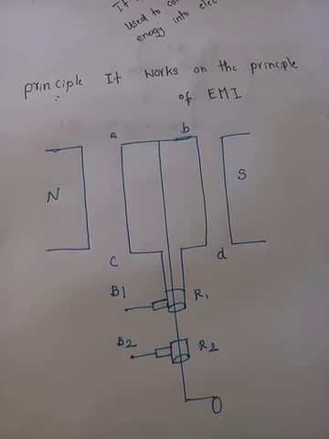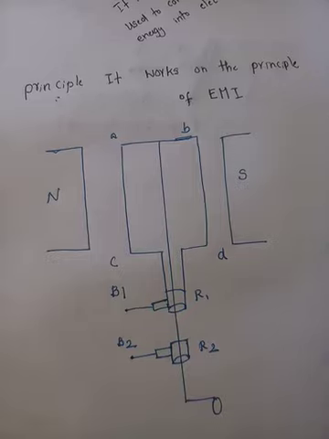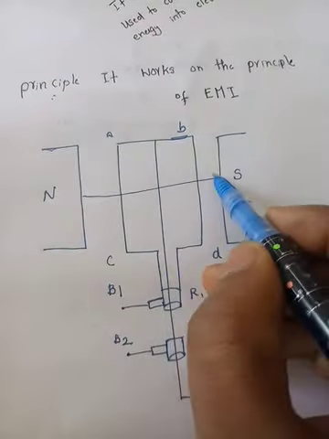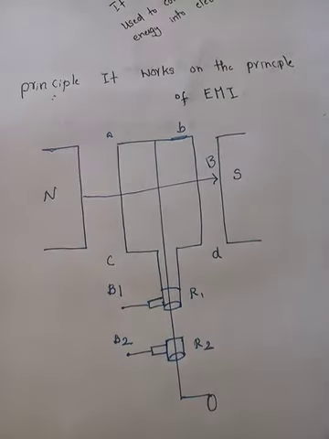It has two poles of a magnet, which produce a uniform magnetic field. North pole and south pole produce a uniform magnetic field along this direction.